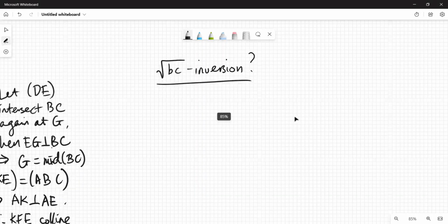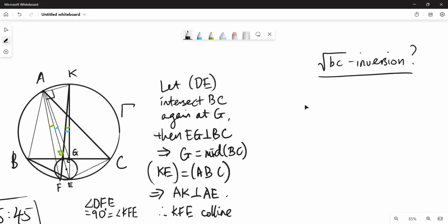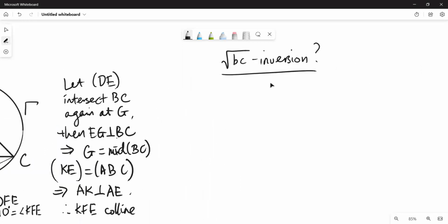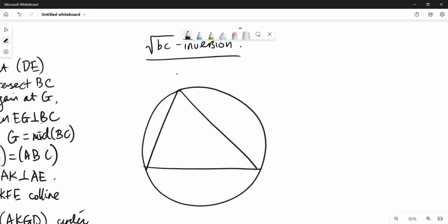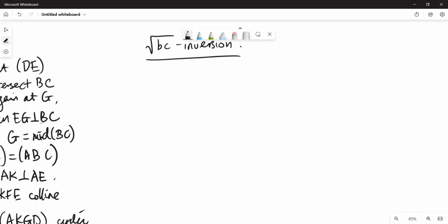Okay, if not, then let's introduce this now. So square root BC inversion is a kind of inversion, but with an extra twist. So square root BC inversion is where, let me draw a nice diagram again.